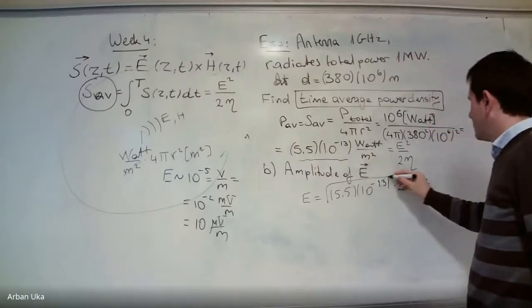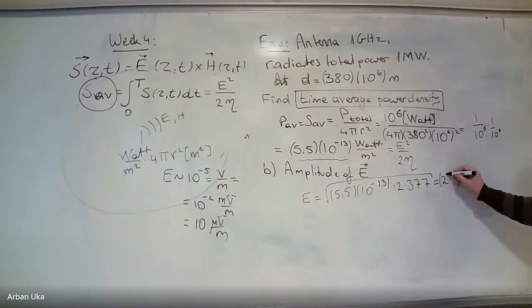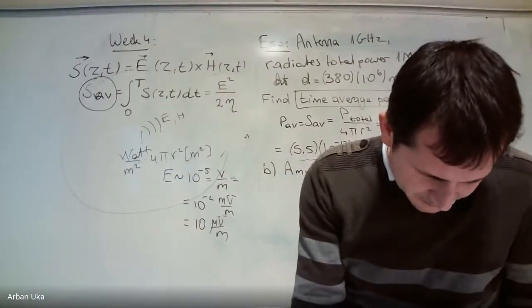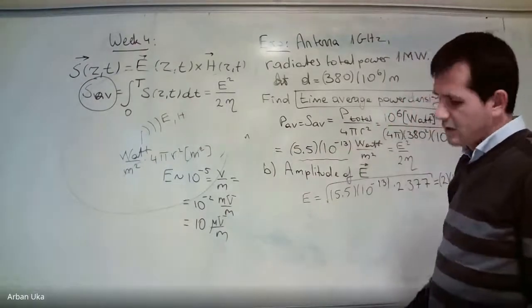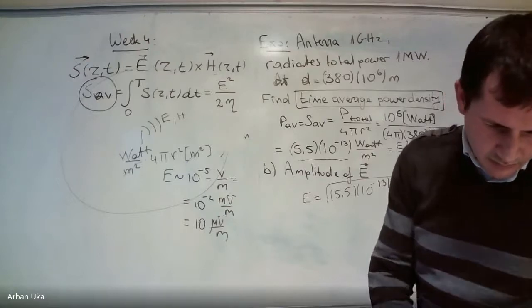With this, we get something like 2 times 10 to the power minus 5 volt per meter. So this is one example about the time average power density of the Poynting vector.